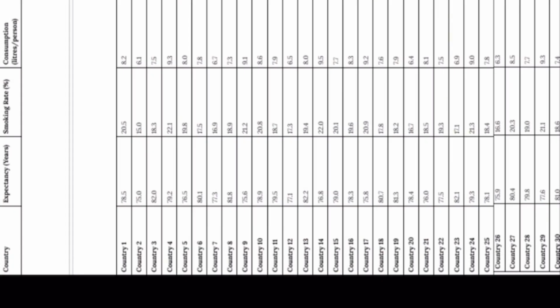The study focuses on analyzing the impact of smoking rates and alcohol consumption on life expectancy across 30 countries.